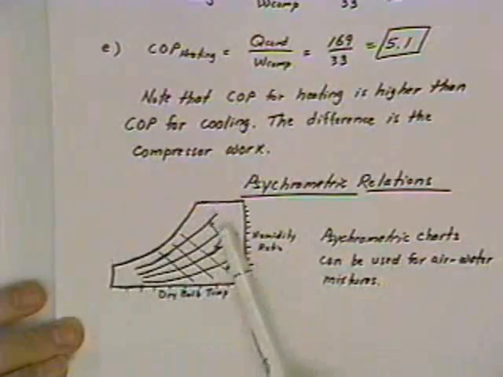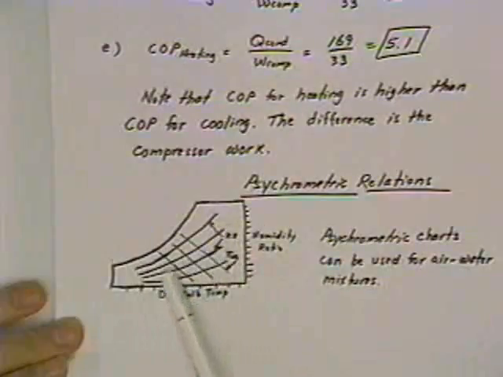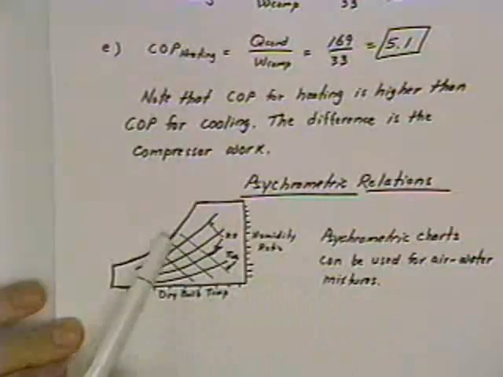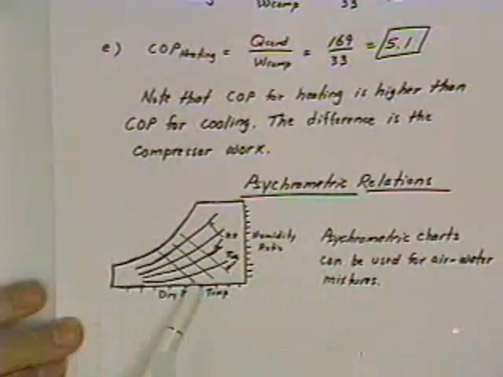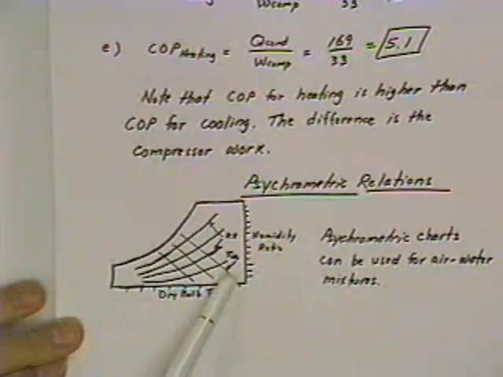Lines of constant relative humidity run in this direction here and are plotted on the chart. Wet bulb temperature is plotted in lines of constant wet bulb temperature that run approximately like this, and the wet bulb temperature corresponds pretty much to the saturation temperature of the air.